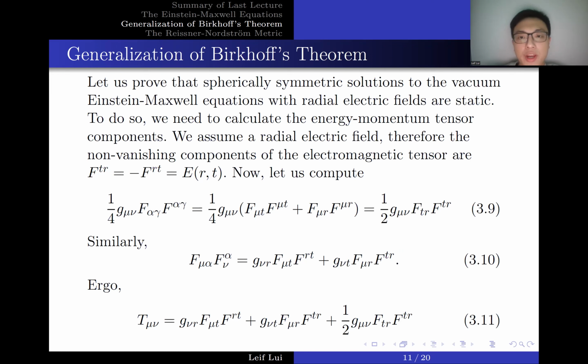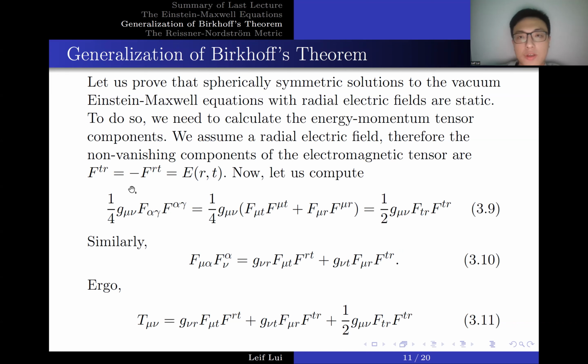When we assume a radial electric field, the only non-vanishing components of the electromagnetic tensor are the F_tr components and the F_rt components. The reason for the negative sign here is that the Faraday tensor is the anti-symmetrized derivative of the 4-potential, so if we swap the indices, we simply get the negative of the Faraday tensor.